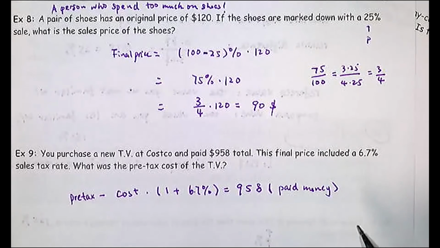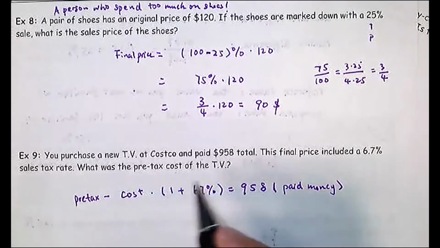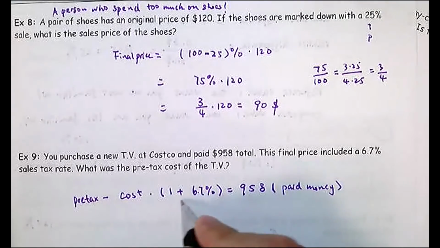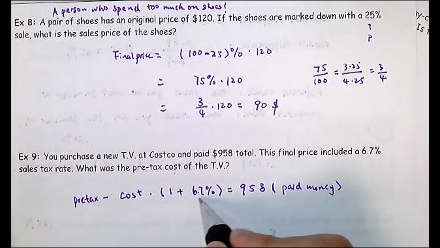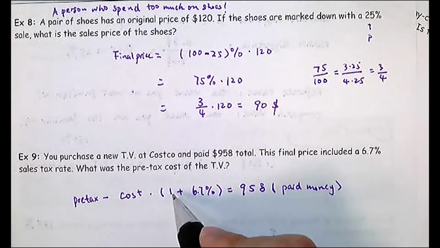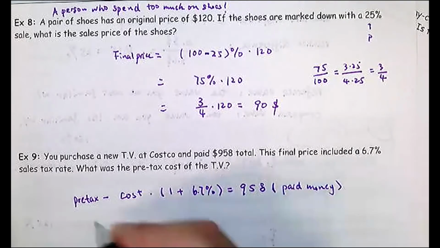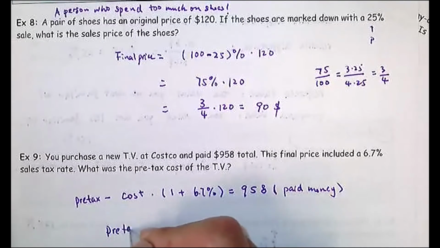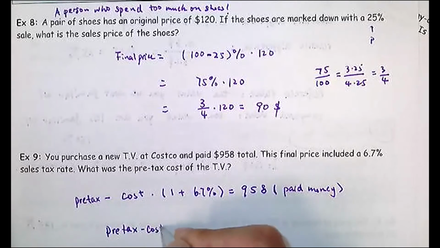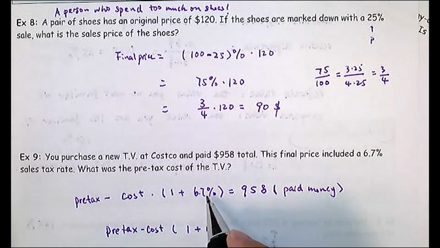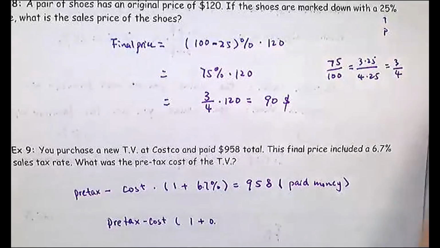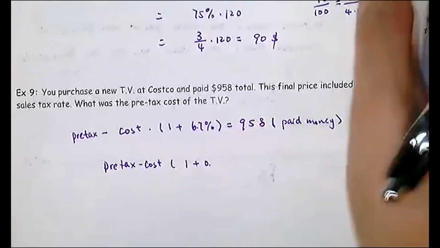Okay, so let's figure out what the pre-tax cost is. First, we should convert this percentage into a decimal so that this one can be added with it. So the pre-tax cost times 1 plus 0. Sorry, but I can't see what you're writing. Could you write it? So now you can see.